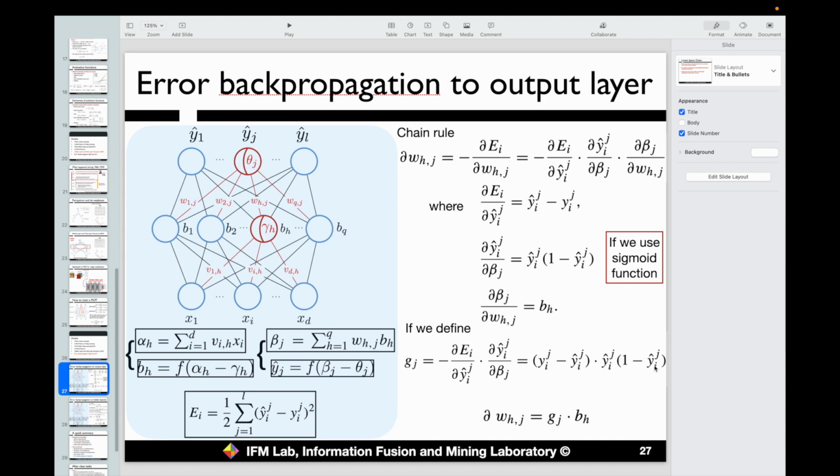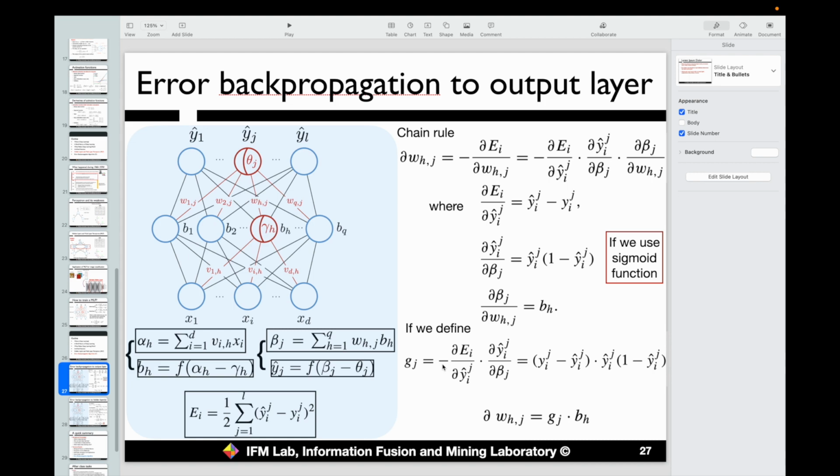In other words, we can directly calculate the GI according to either the ground truth or the output values of the neuron, because y hat is the output by the neuron. Before we do the learning, we know the output of the neurons already, because we have the input, we can generate the output. So this GI can be directly calculated by the output as well as the ground truth.